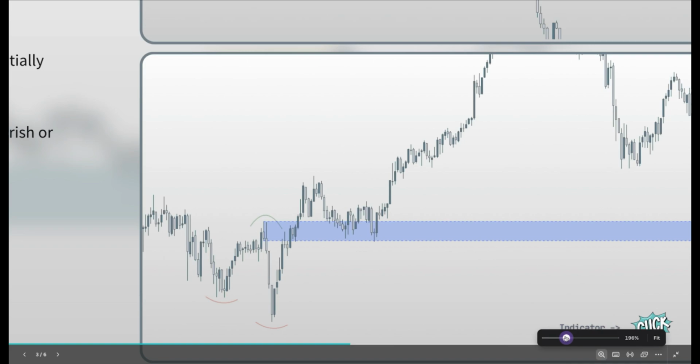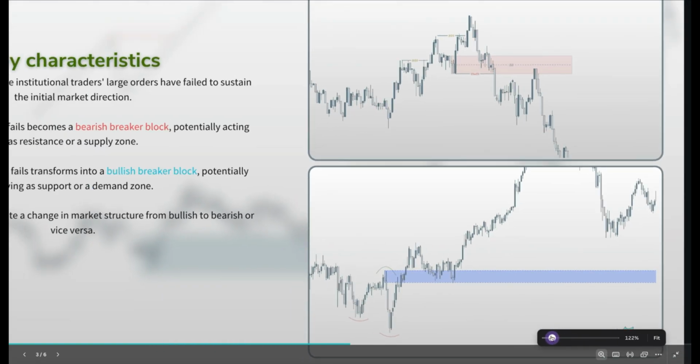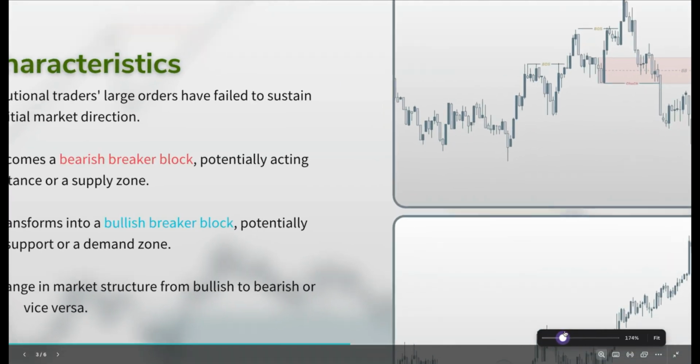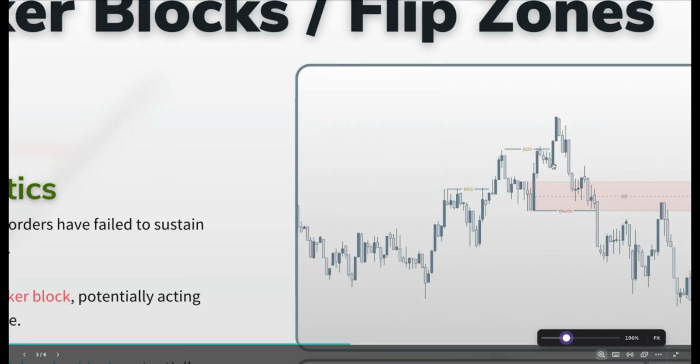Now, something I also want to, I guess, let you guys know of is there's a thing called unicorn models. So all that is a fair value gap inside or very closely overlapping into a breaker block. So I think more like on this area, we have a breaker block here, and then we have a little bit of a gap.